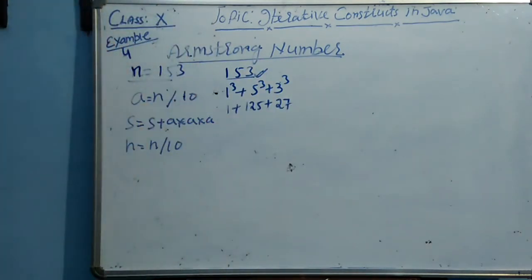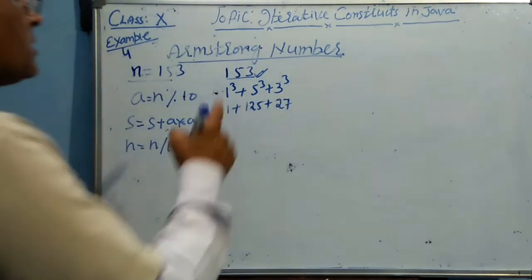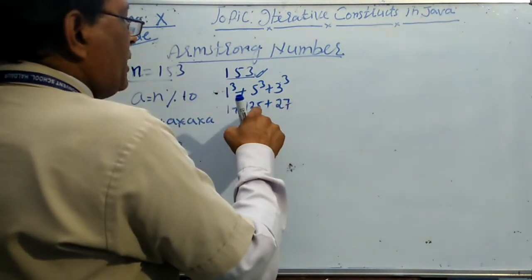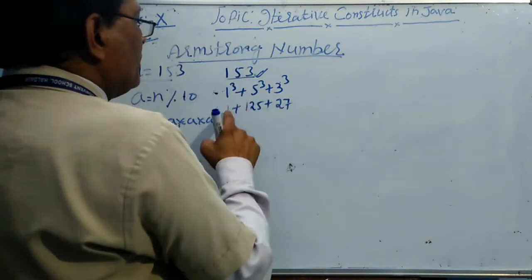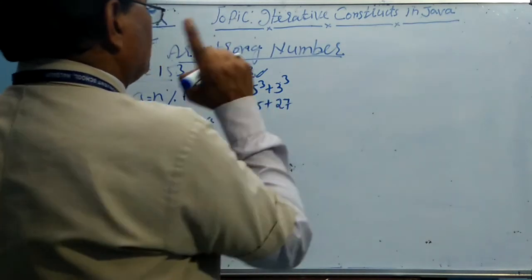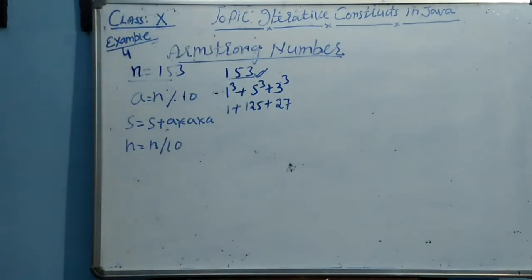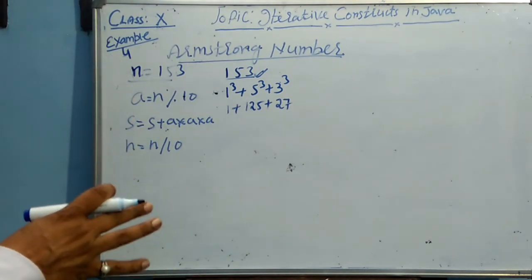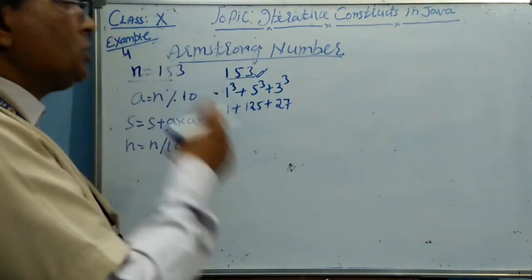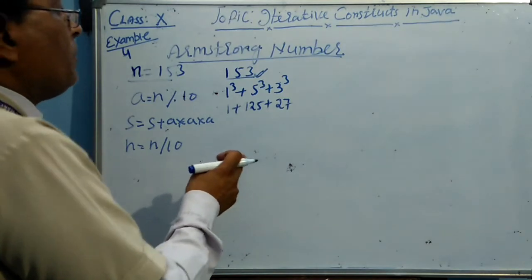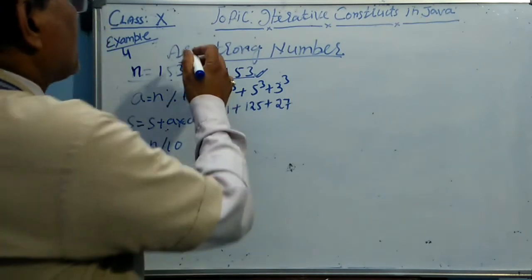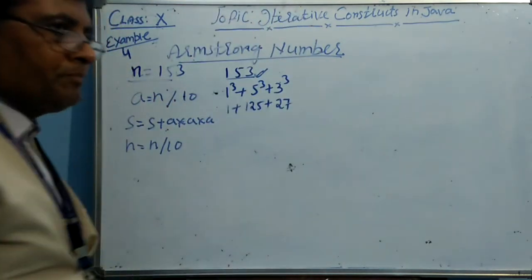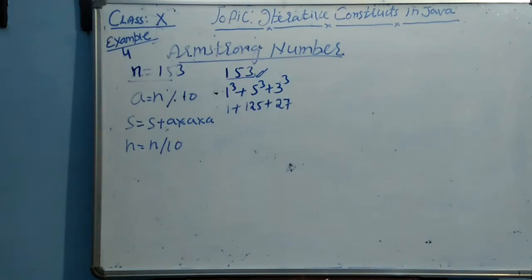Now add: 7 and 5 is 12, 3 and 1 carry is 4, and 1 plus 2... the total is 153. So the sum of the cubes of each digit is equal to the given number. That is called the Armstrong number. Understand?